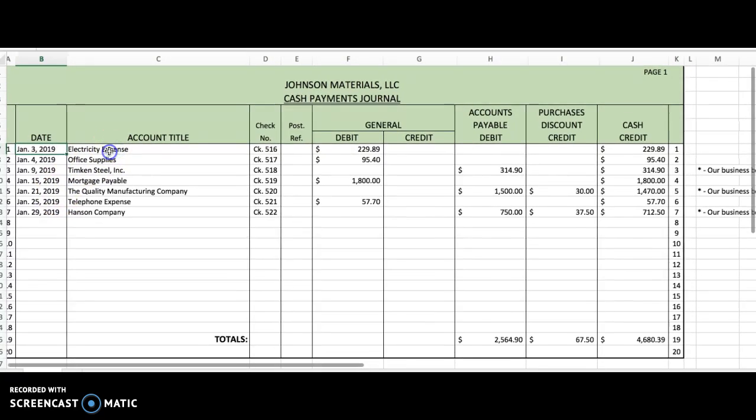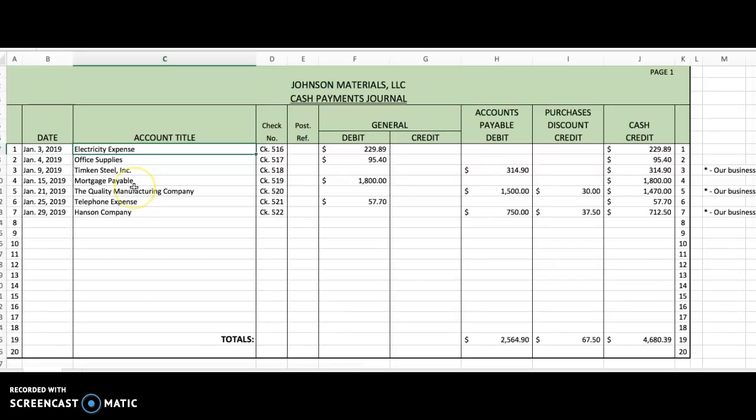We are paying electricity expense, and that would be normally a monthly payment, and we pay by check 516, and general debit is going to be used here. We don't have a specific column for an expense account, so we use general debit, and when we post this, we will go to the electricity expense account and put the account number in the posting reference column.